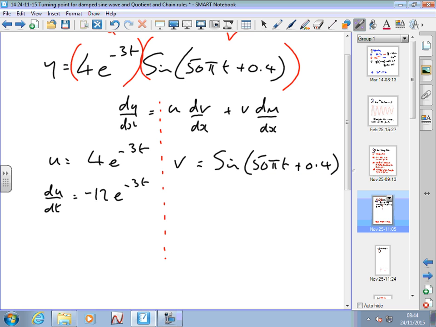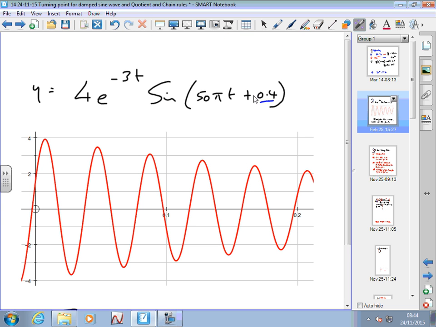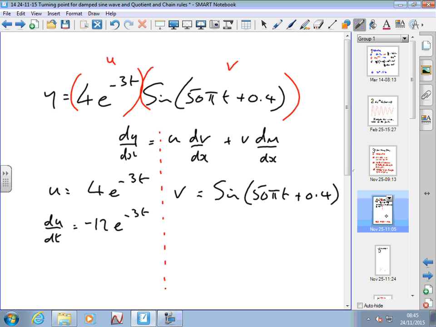But if you remember our discussion at the beginning about this function, the 0.4 actually just shifts the function left or right. It doesn't have any impact on the gradient of the function. It just shifts the whole function to the left or right. So actually, when we come to differentiate it, we can ignore that 0.4, and just differentiate the 50 pi t. But a little bit more on that later.